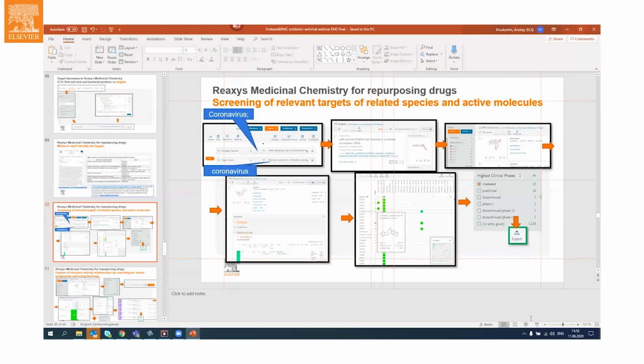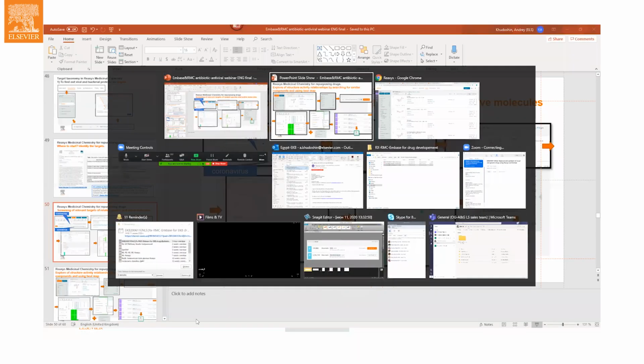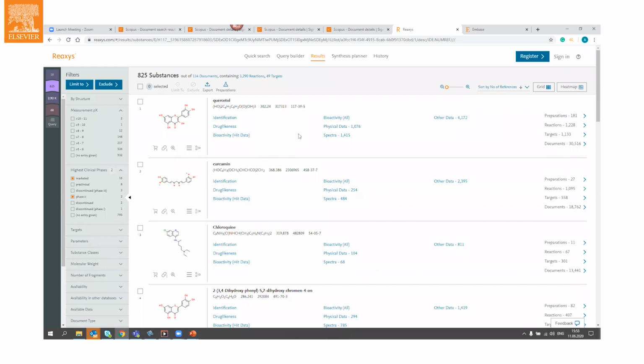What else can we do? We can assess other potential molecules. We already discussed this workflow, and for example, we like quercetol and want to assess the bioactivity of the quercetol chemotype. What do we need to do?